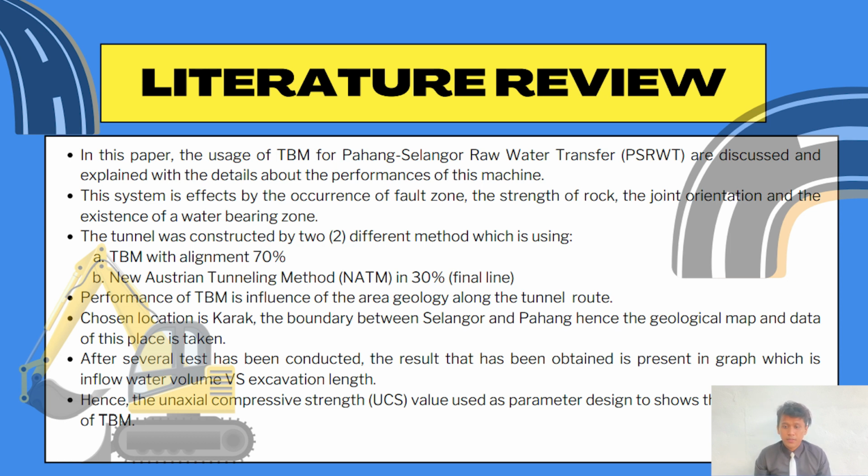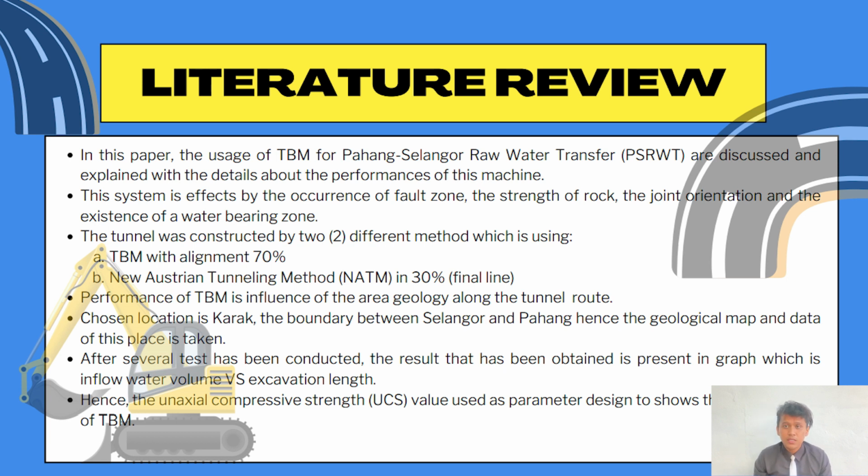In this paper, we will discuss about the usage of the tunnel boring machine for the Pahang Selangor Raw Water Transfer, PSRWT, which will be explained briefly in this report.